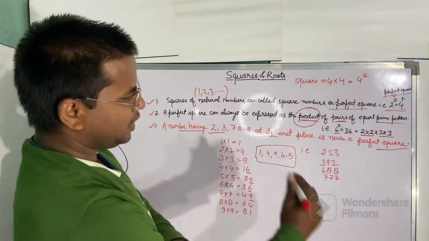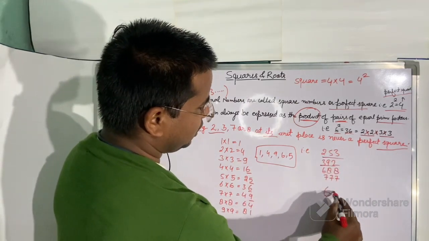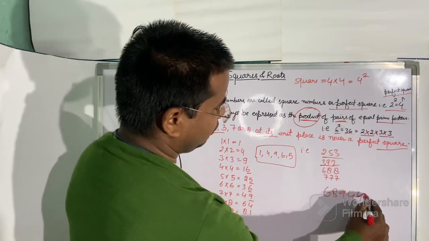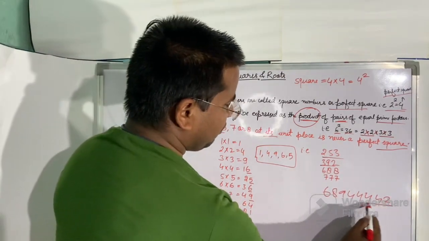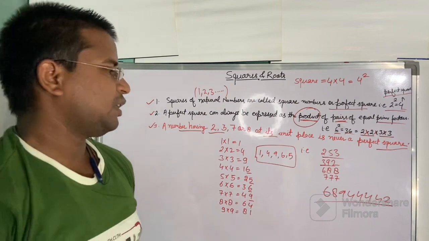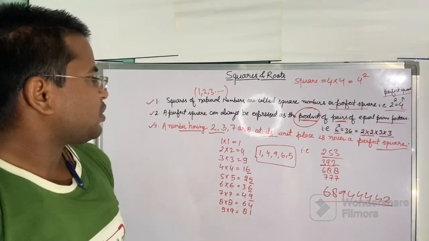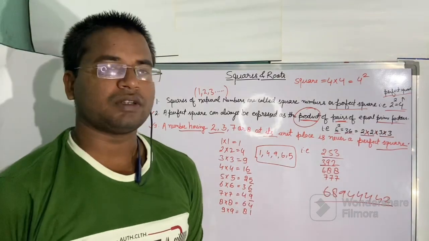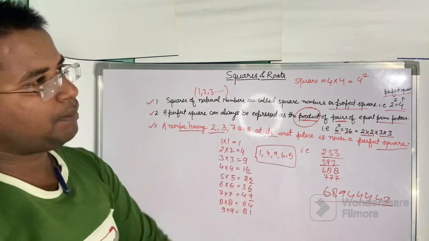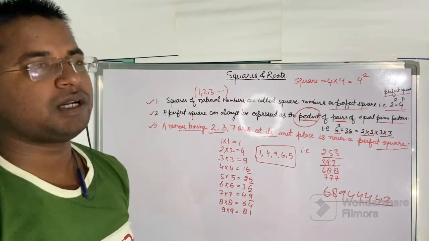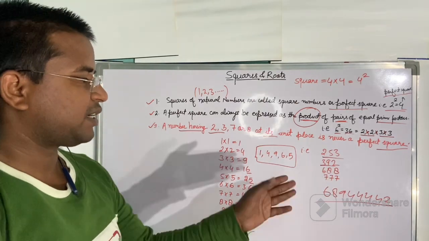If any number is given, for example 253, 39288 or 689444442, and the question asks whether it is a perfect square or not, how do you solve it? The general method is to find the prime factors of that number and make pairs of those prime factors.